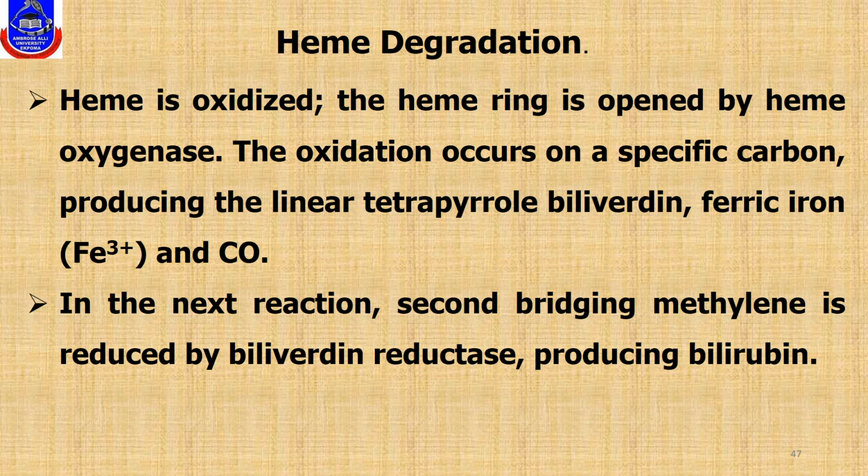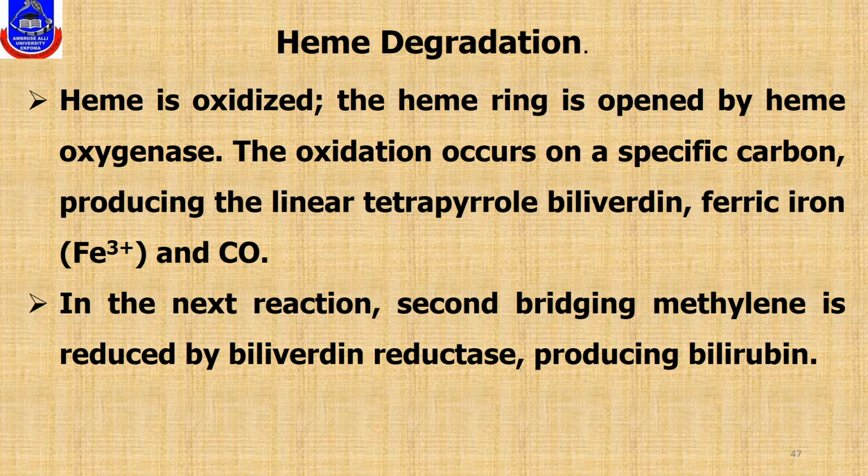Heme is oxidized. The heme ring is opened by heme oxygenase. The oxidation occurs on a specific carbon, producing the linear tetrapyrrole biliverdin, ferric ion, and carbon monoxide.